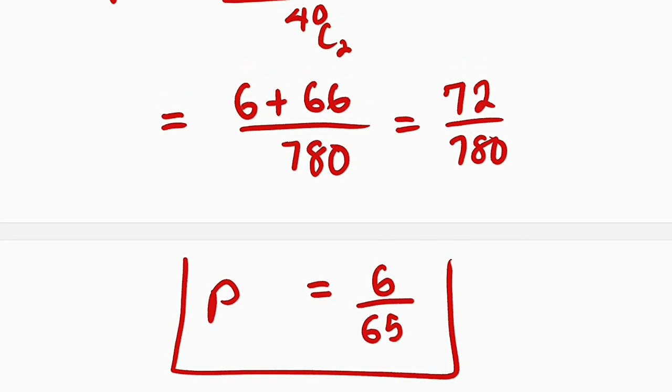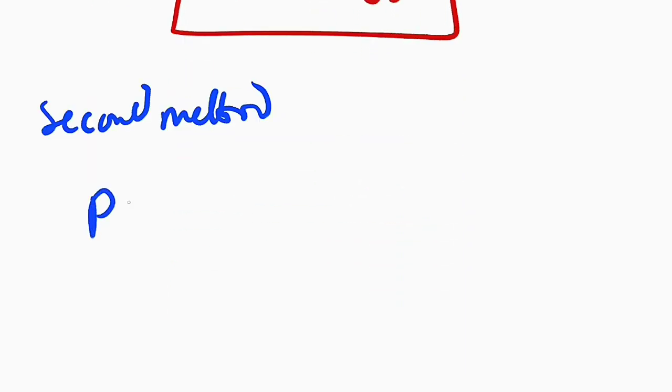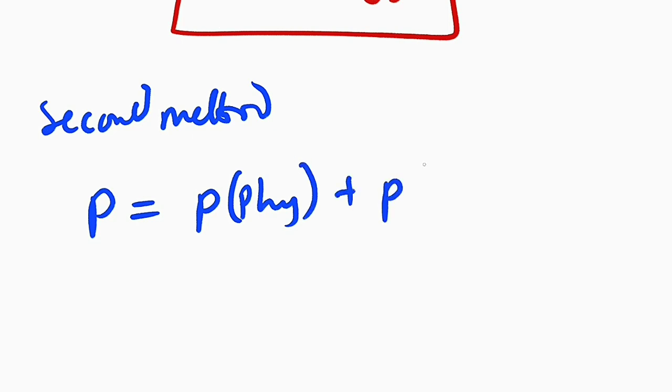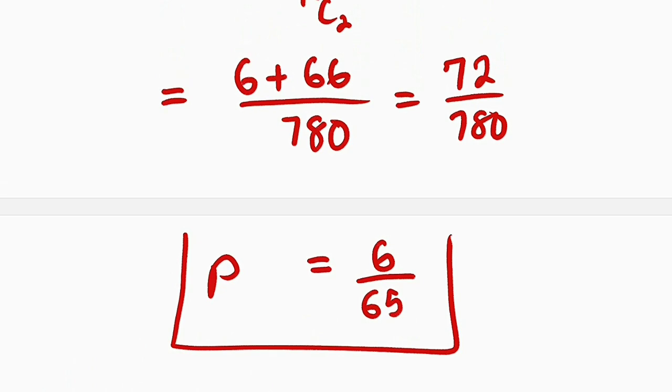And now let me show you the second way, the other way to do that. So the probability P will be the probability of physics plus probability of biology. But you know that in each case we are going to pick 2 teachers. So from physics, remember there are how many in number?